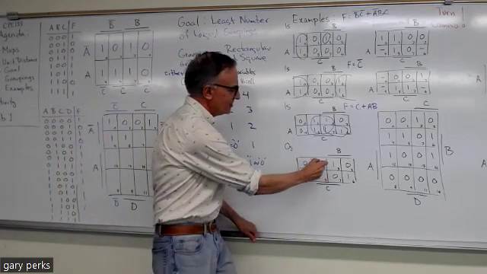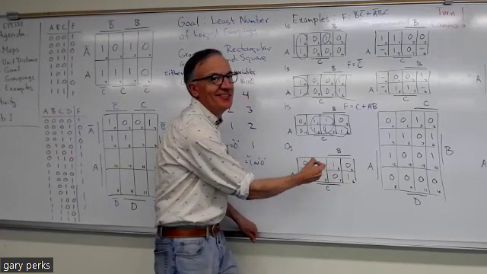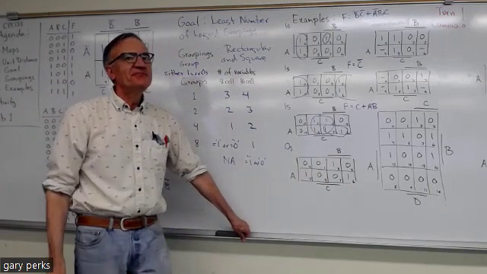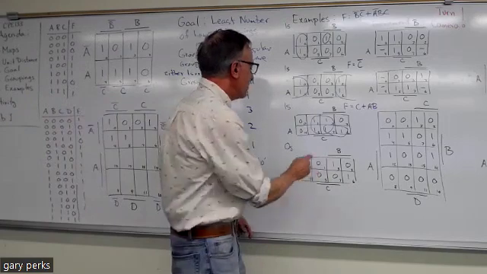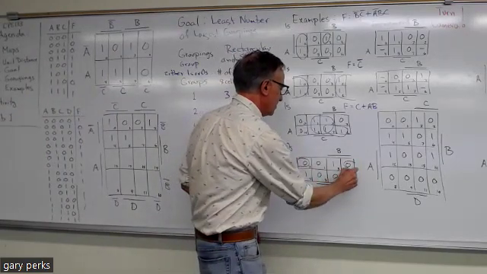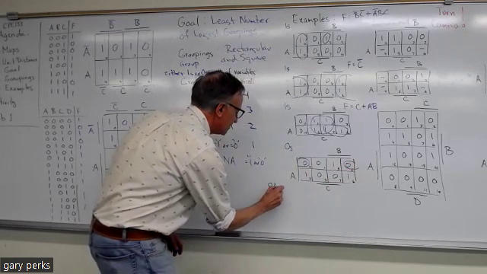Could you do something like this, like do these four? No, why not? Yeah, it would be irregular, not a square or rectangle. Okay, so let's do 0, 2. What term does that give us?